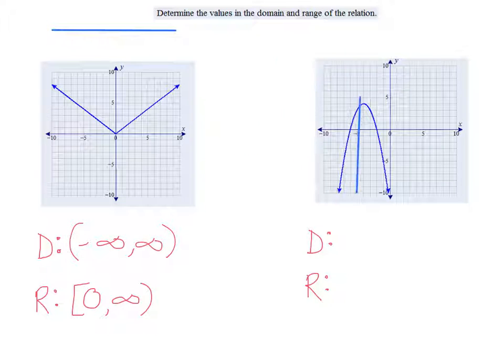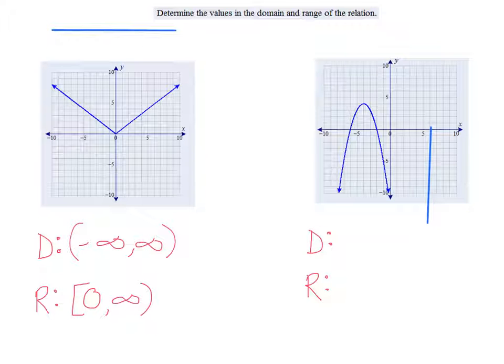Okay, so the farthest left it should go is right there, but that arrow is showing that it continues and keeps working its way wider and wider, so it's going to keep going left. Same thing on the right. That arrow shows that it's going to keep on going, and that x value is going to keep getting bigger and bigger.